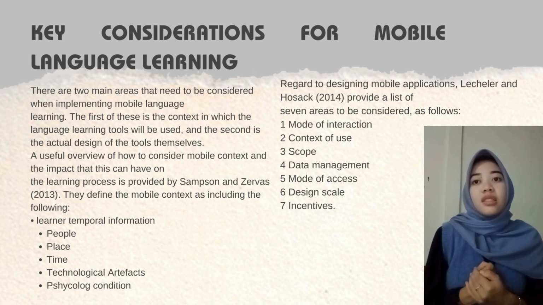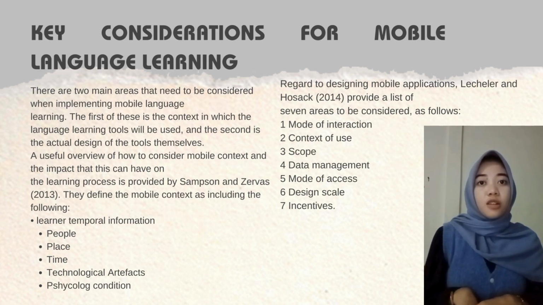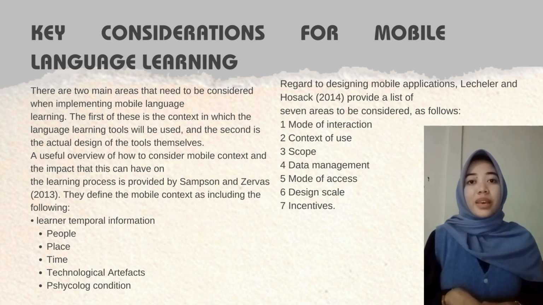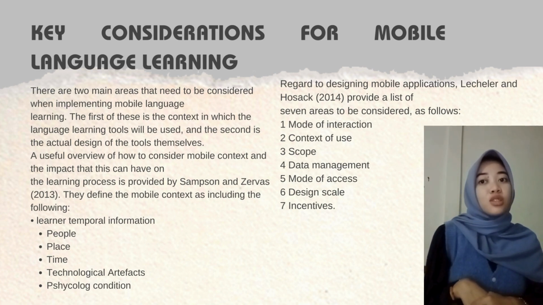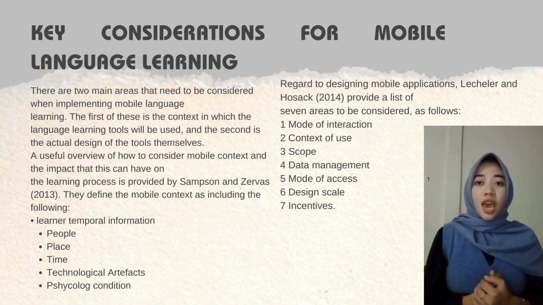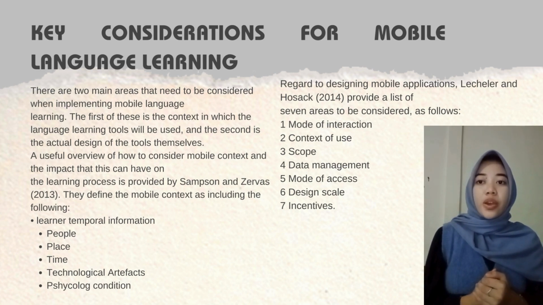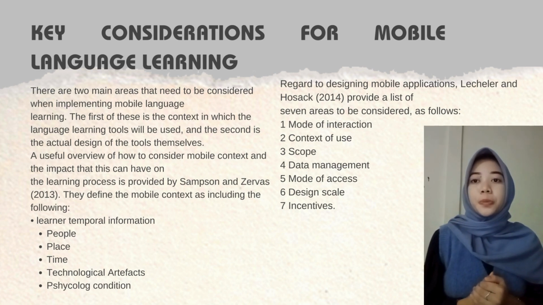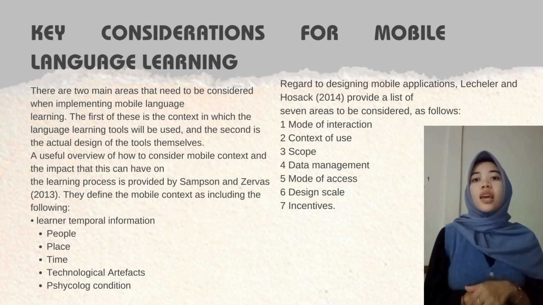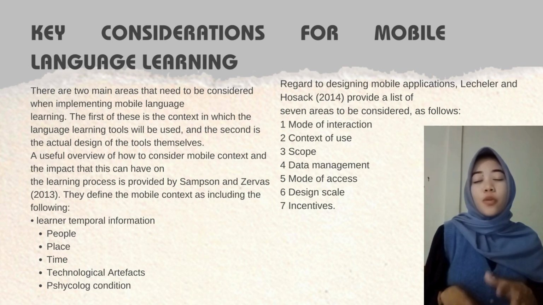A look at this list shows the context itself is very complex. And while it may not be possible to control all of these variables, at the very least it is important to be aware of the fact that there are several factors at play when designing for learning through mobile devices.